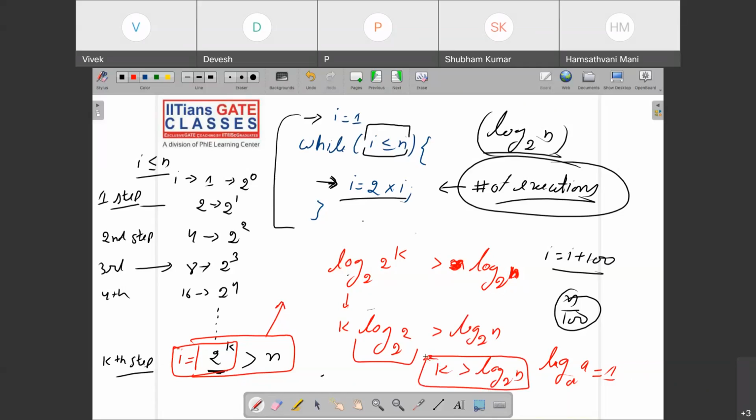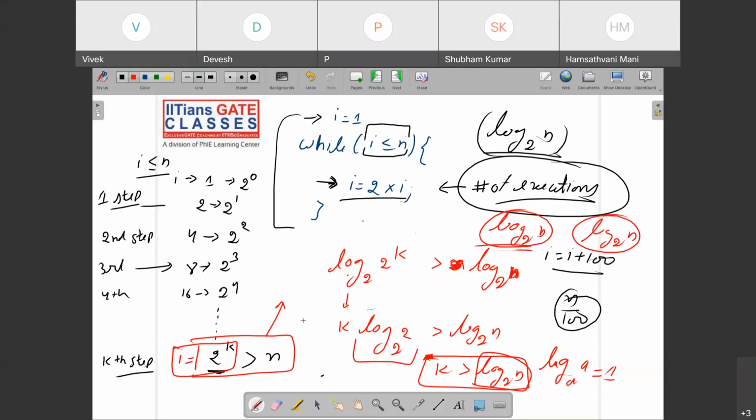For the worst case, it is equal to this. Greater than means we will consider the worst upper value for the last step. We cannot say it can be very large compared to log base 2n. For the upper bound, it can be only log base 2n.